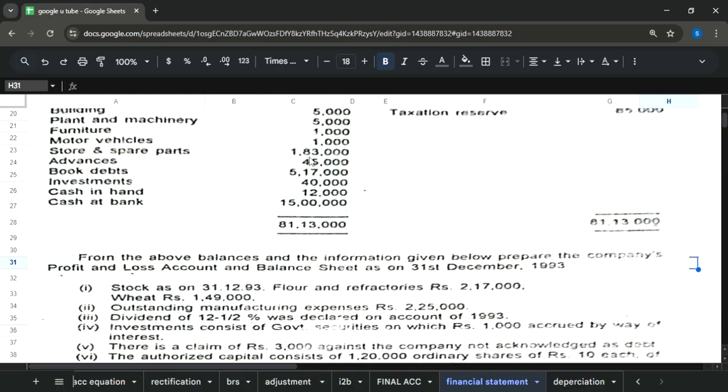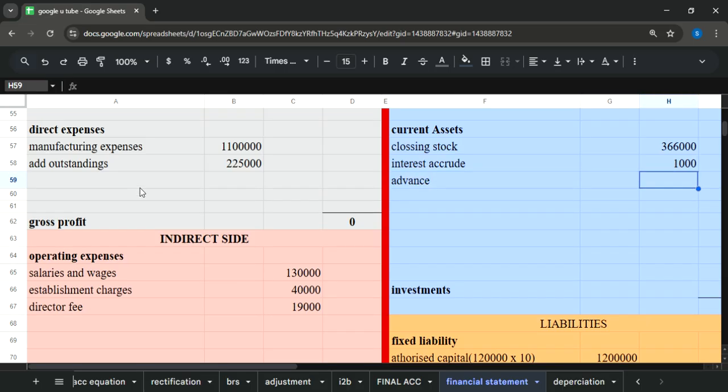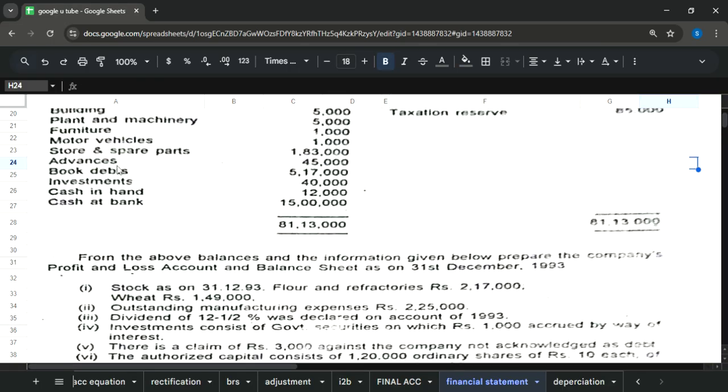That is why I was saying it's so easy to decide when you have your trial balance. Since it is present on debit side, that means it is an asset. We have given this advance to someone. So here we will mention advances, and we'll have to count, 45,000.